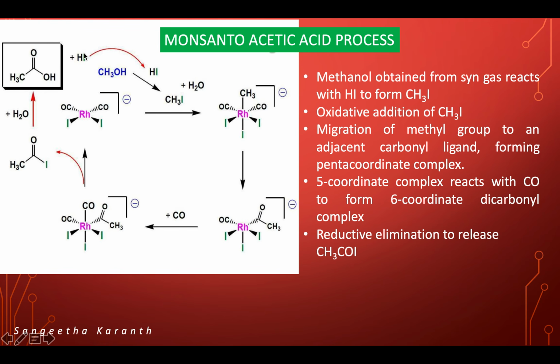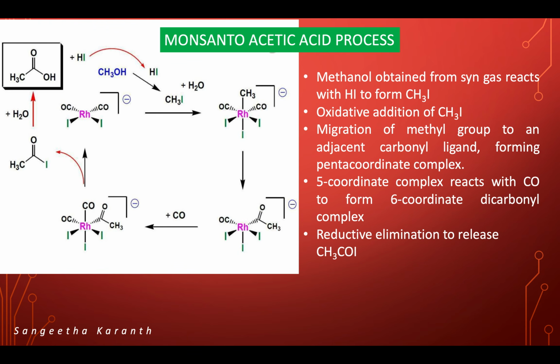This HI can be again used to combine with methanol to give CH3I, methyl iodide, which is again used in this catalytic cycle. Once the CH3COI is eliminated, what is remaining now? Rhodium with the 2 carbonyl groups and 2 iodo groups. So this is the original catalyst which we had taken in the beginning.